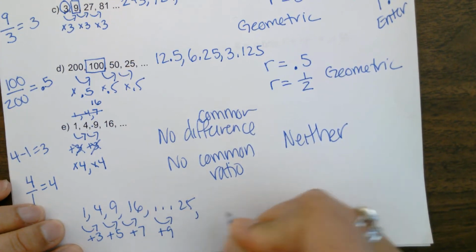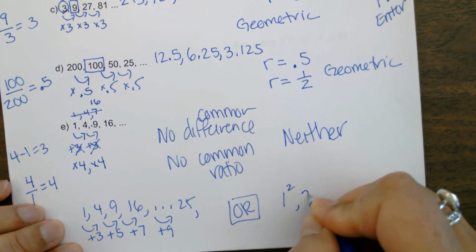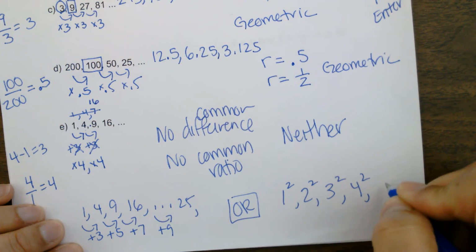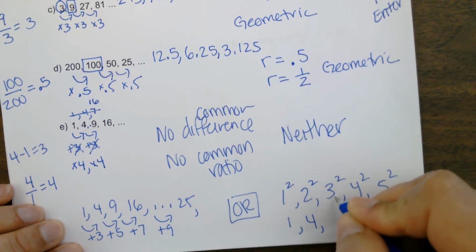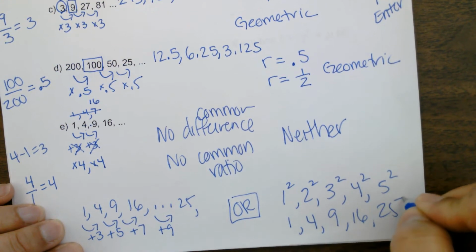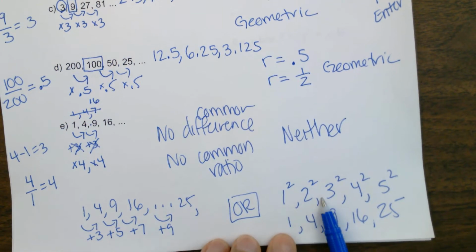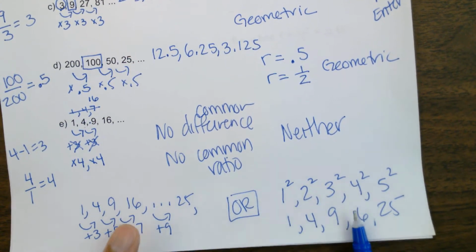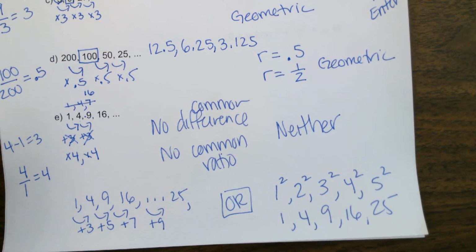You could do it like that to find the next terms, or some may see that these are perfect squares. 1 times 1 is 1, 2 times 2 is 4, 3 times 3 is 9, 4 times 4 is 16, 5 times 5 is 25. So it has a pattern of differences, or it has a pattern of squares. Very interesting. This is a good one. I'm hoping that we get used to it. I will bring it back, but it's an interesting pattern.